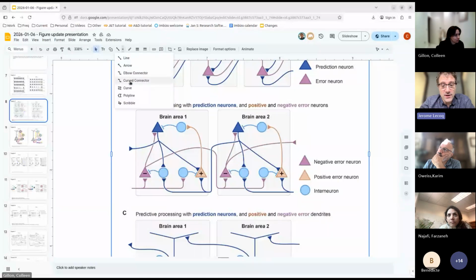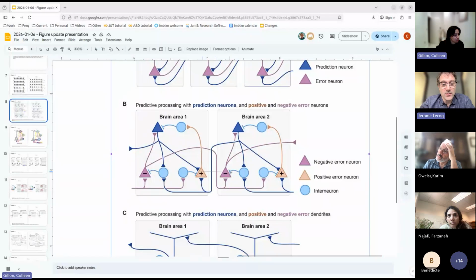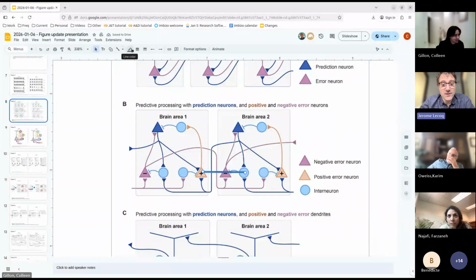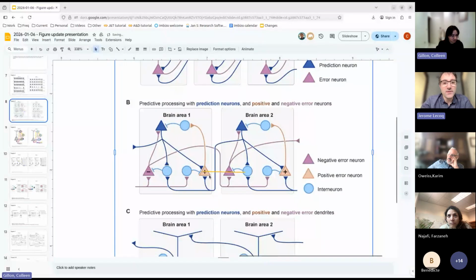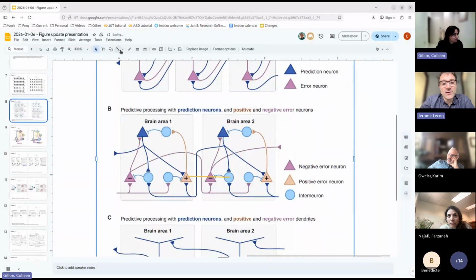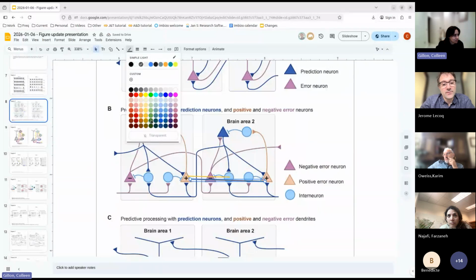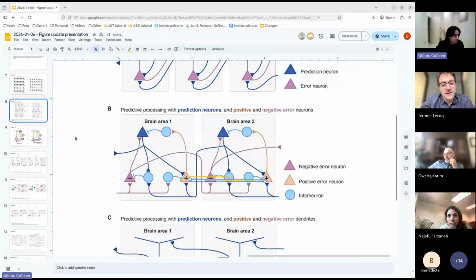Because it's bottom-up, it will go onto the inhibitory neurons of the negative error neurons and onto the pyramidal cells of the positive error neurons. Because they are flipped, it becomes the signal. That's right. This very artistic rendering would be what we're missing.